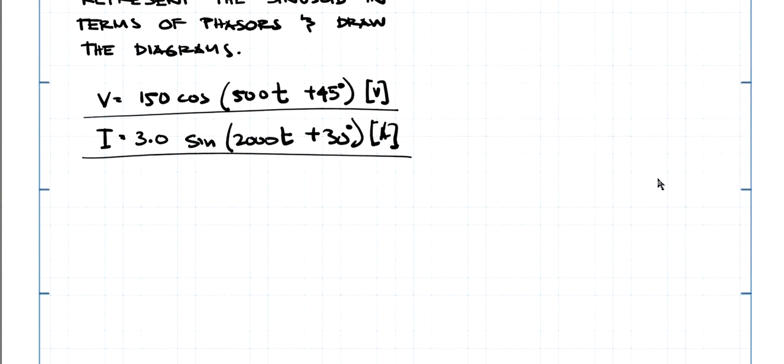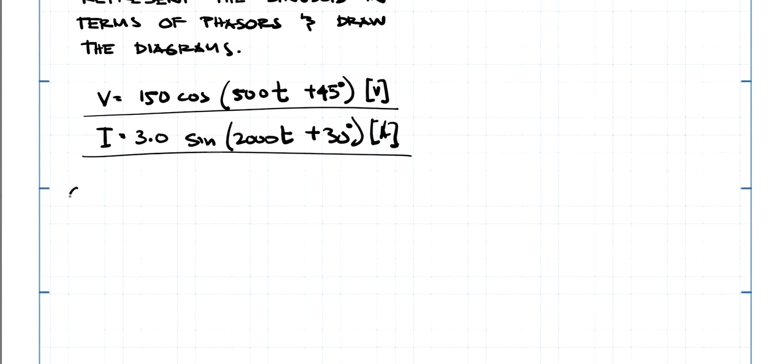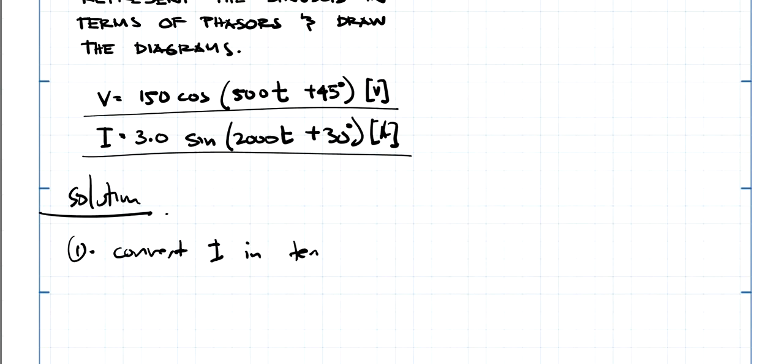Okay, so first, for the solution, since we have a sine, we need to convert this. So convert I in terms of cosine functions. How do we do that?